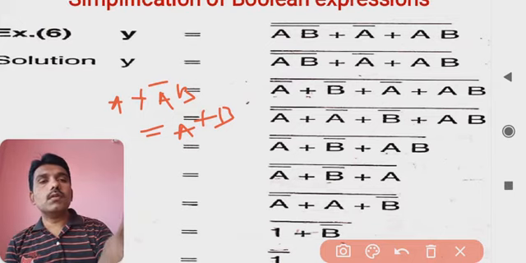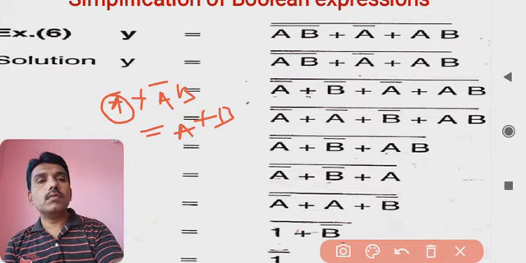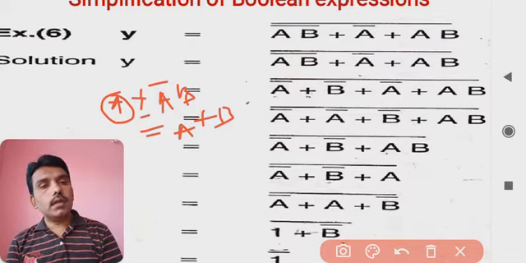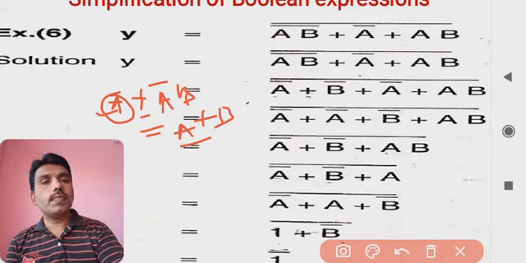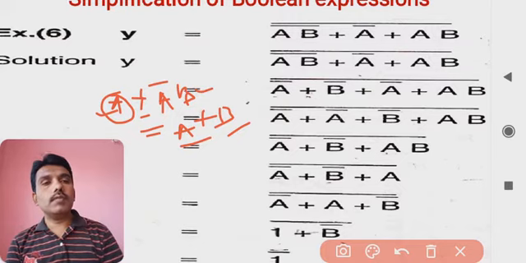That means one variable plus the variable's complement into another variable is always equal to the first variable or plus the other variable.